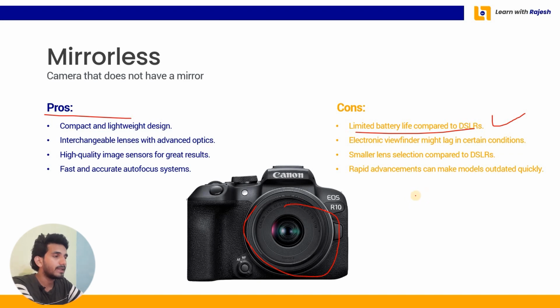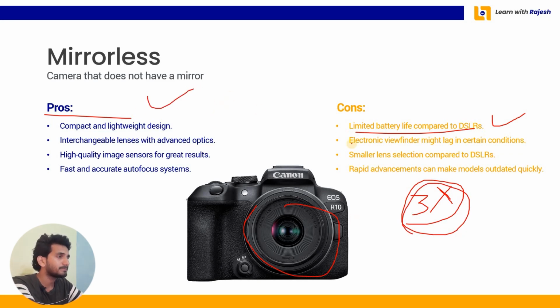If you are using a DSLR and a mirrorless, the DSLR battery will give you 3x more battery time compared to the mirrorless. The electronic viewfinder might lag in certain conditions, and there is a smaller sensor selection compared to DSLR. You will see there are not as many sensors available in this compared to the DSLR. In DSLR you will get a lot of lens options.